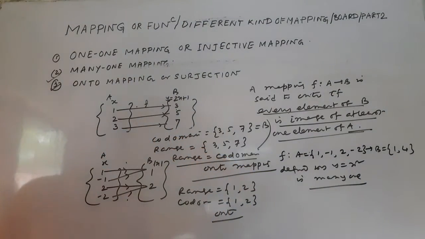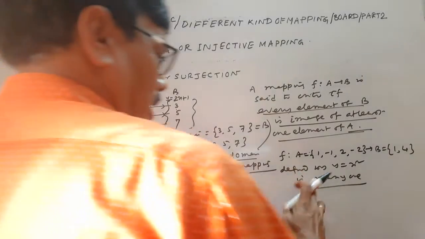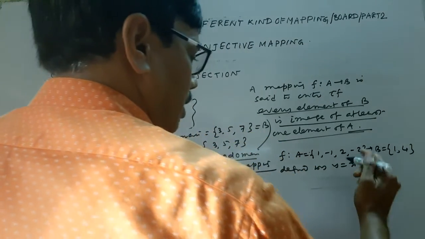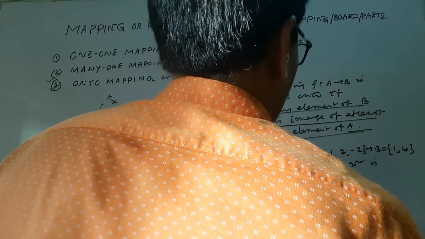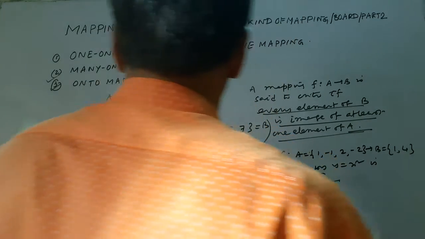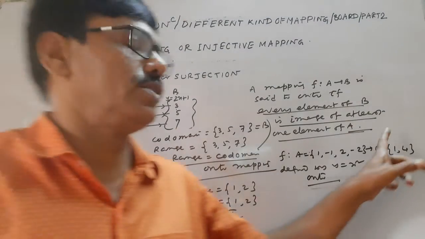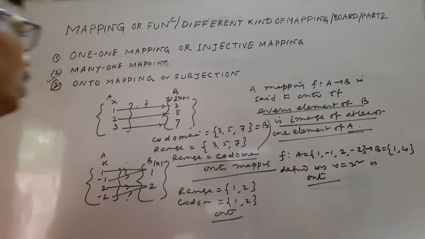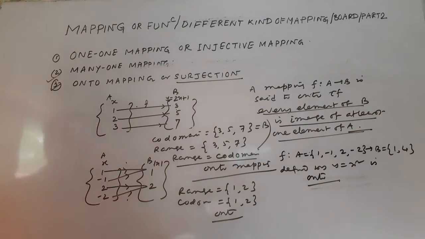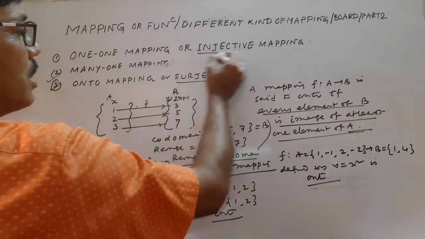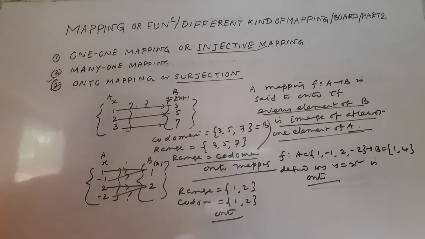It is obviously many one, and it is onto. You learn later, actually it is many one onto. So onto, it is also surjection. One-one, this is injective.